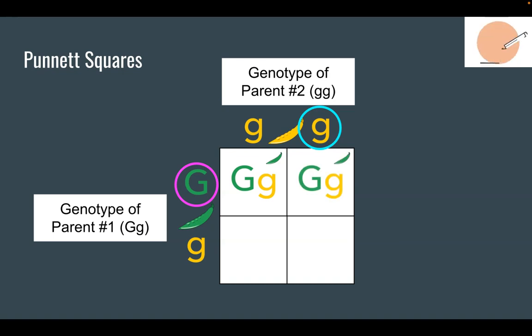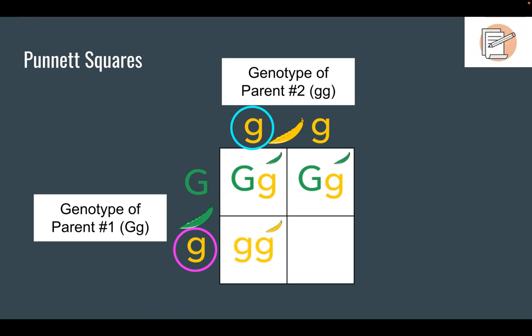You would still get an offspring with one dominant and one recessive. But what if parent number 1 passes on a recessive g? Parent 2 would also pass on a recessive g, so you could get an offspring with two recessive gs. And the same thing would happen in the 4th combination.